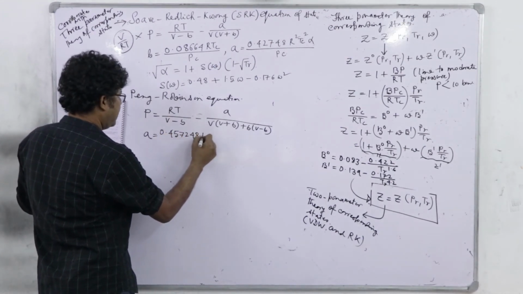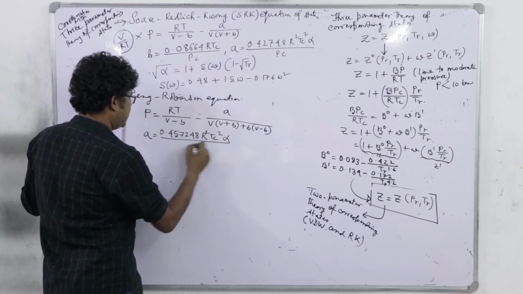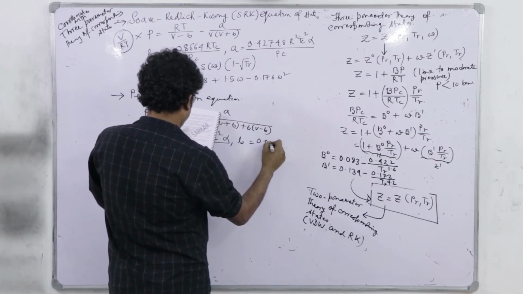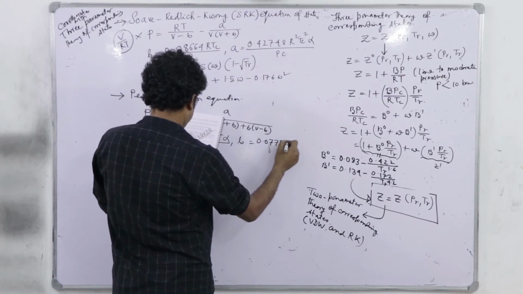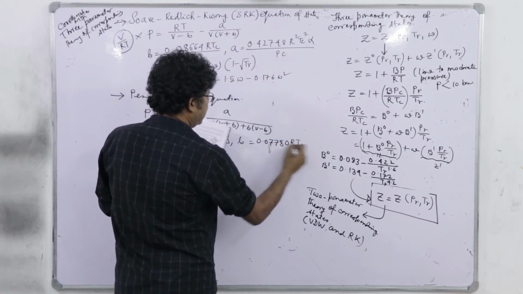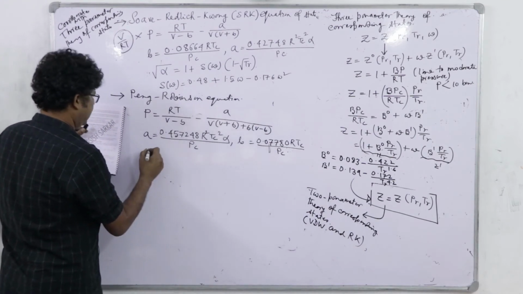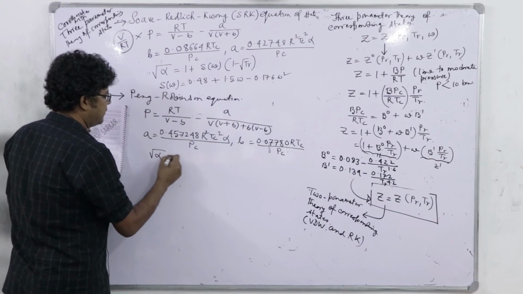A is 0.457248 R square TC square alpha divided by PC, and B is equal to 0.07780 RTC by PC.